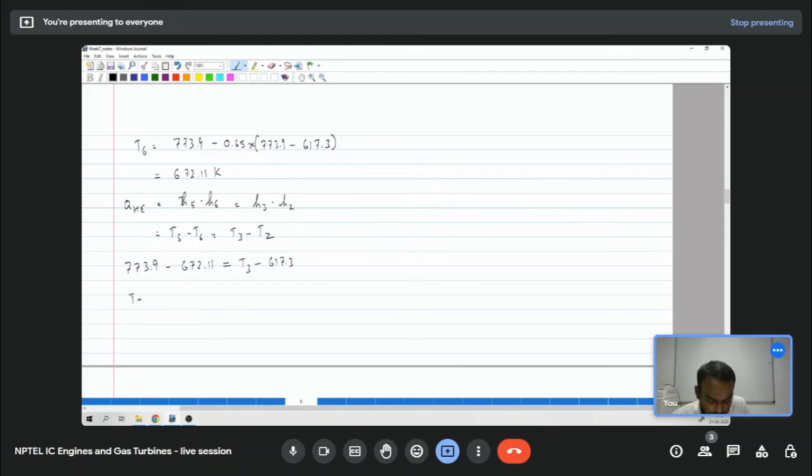So now T3 is 773.9 minus 672.11 plus 617.3.